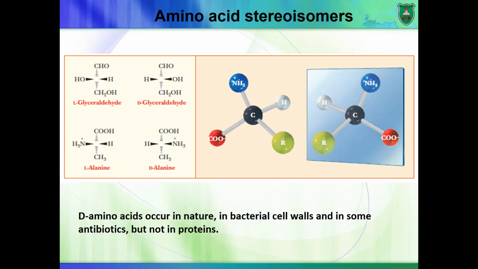Again, to emphasize this point, the amino acids that occur in nature are the L amino acids. D amino acids can also occur in bacteria, but in bacterial cell walls and maybe some antibiotics, not in proteins.